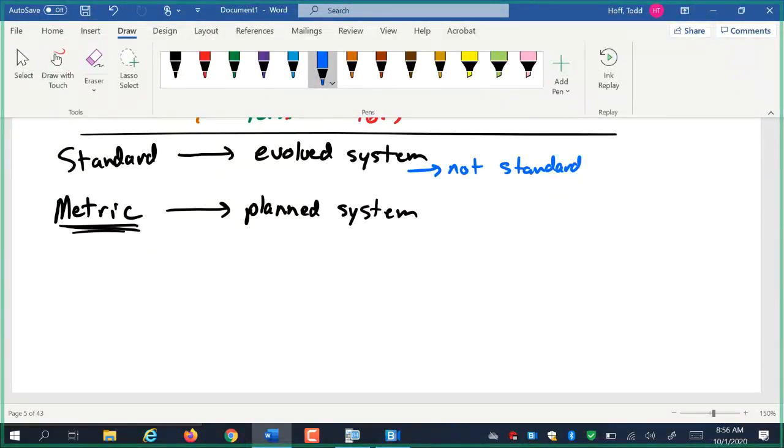In fact, there were parts of the world where a foot was not 12 inches. There's a different number of inches in that foot because a different leader had made that declaration. The metric system was not only consistent and planned, but it was made to be easy. There was actually a logical step from one unit to the next as to how the sizes were created.